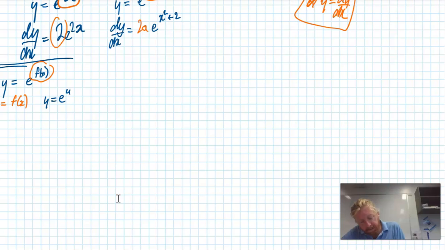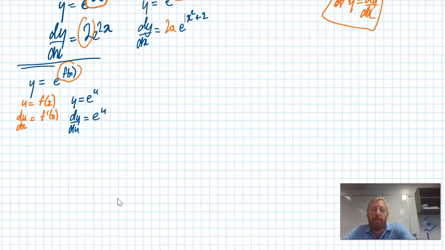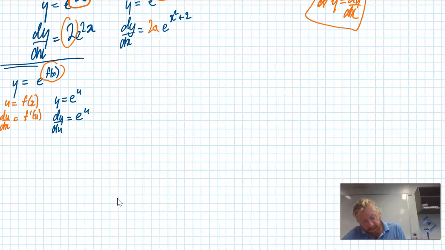I can then differentiate both. du dx equals f dash x, and dy du equals e to the u, because it's just itself. And then I can use the good old chain rule: dy dx equals dy du times du dx, because they will cancel out there.